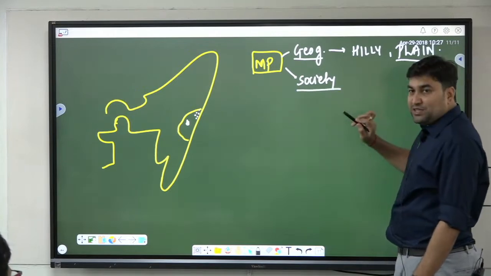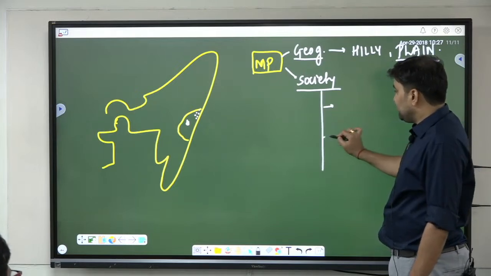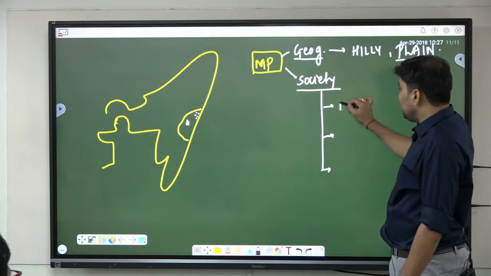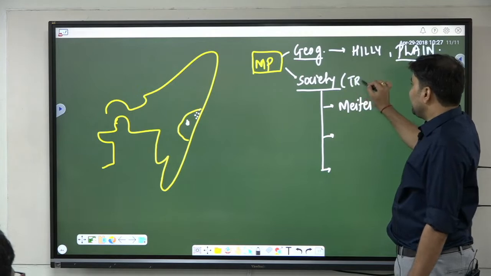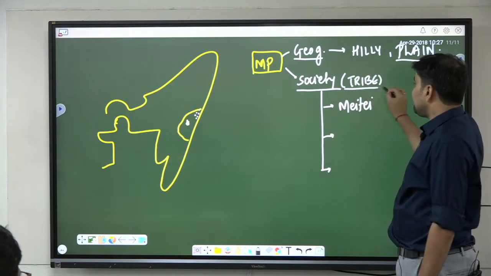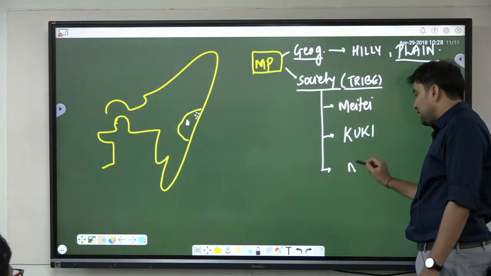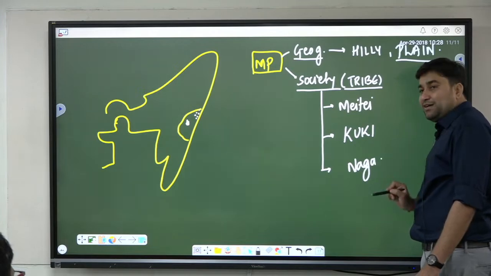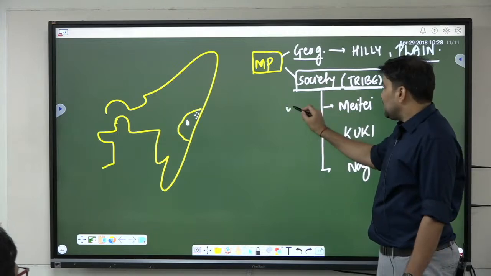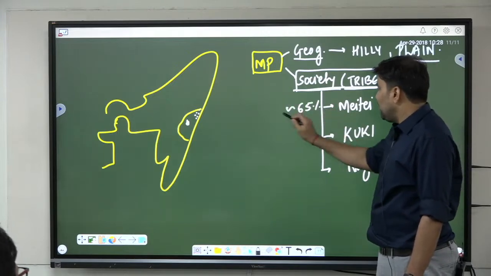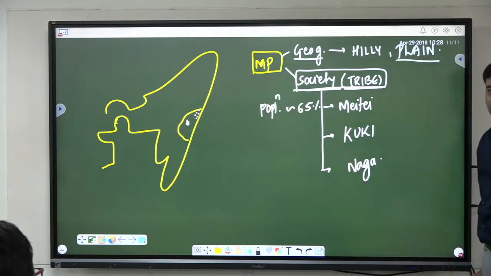Now the society, the people living in Manipur, are divided into three tribes. Mainly the most dominant tribe is the Meitei tribe. Second are the Kuki tribes, and third are the Naga tribes. Out of the 100% population of Manipur, about 65% is of which tribe? Meitei tribe.